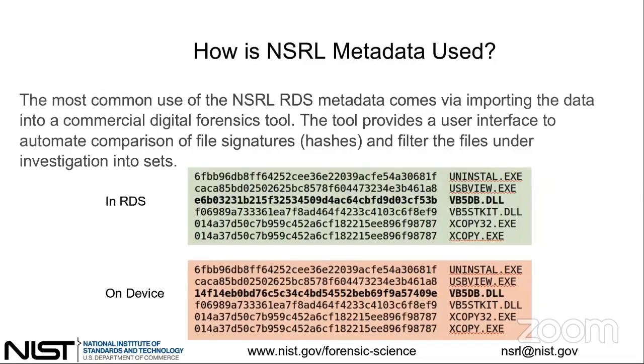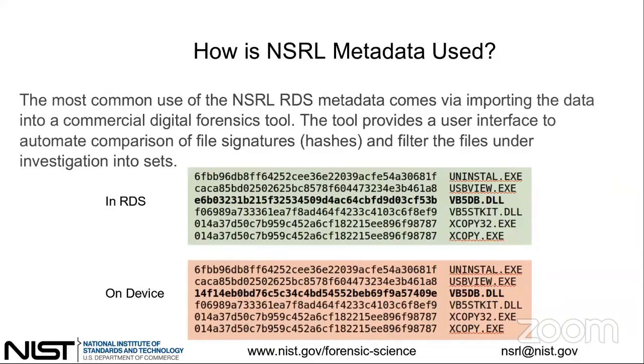Here in the top colored block, you can see a highlight of a hash of a file called VB5DB, a Visual Basic DLL file. That's the signature that we have computed for a particular instance of that file. On a device, when the hashes are calculated, you can see in the lower block that same VB5DB.dll file has a very much different hash value.